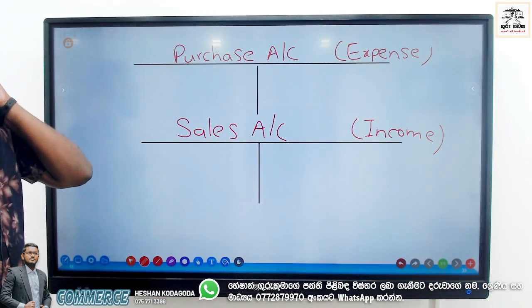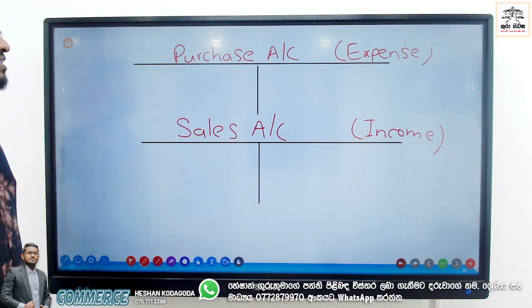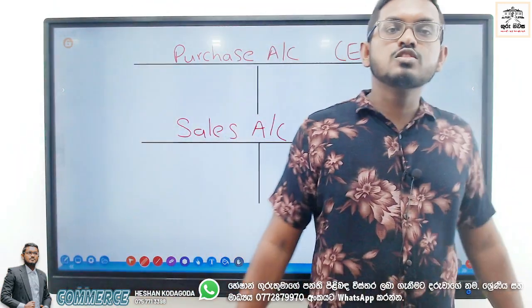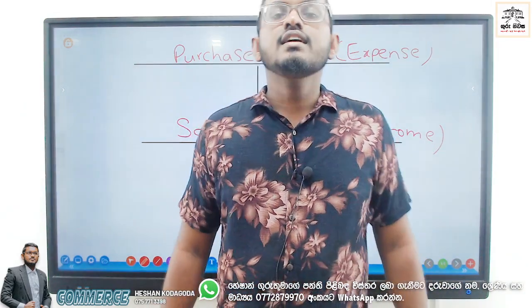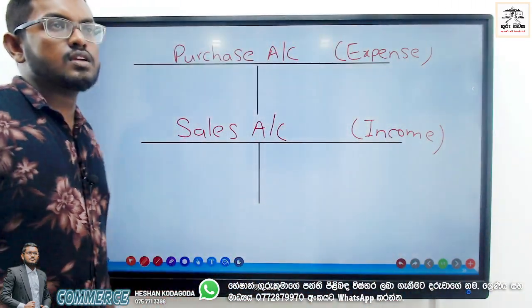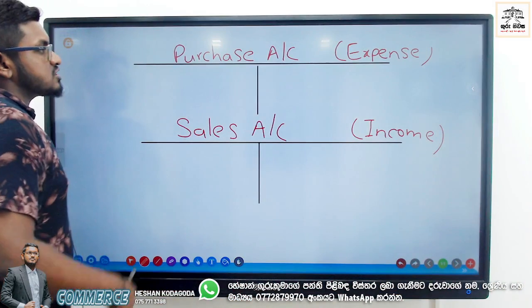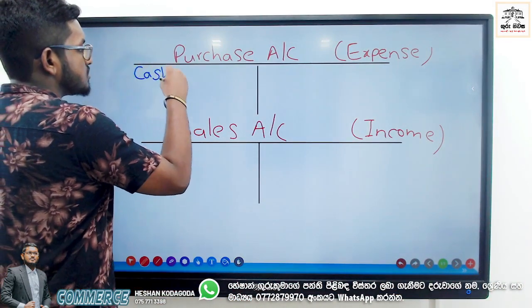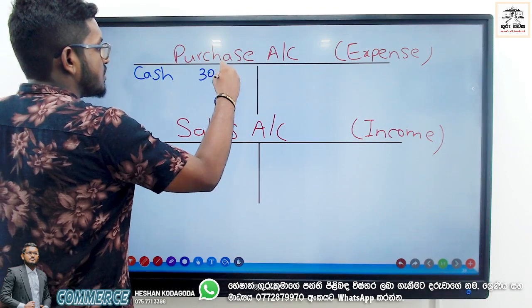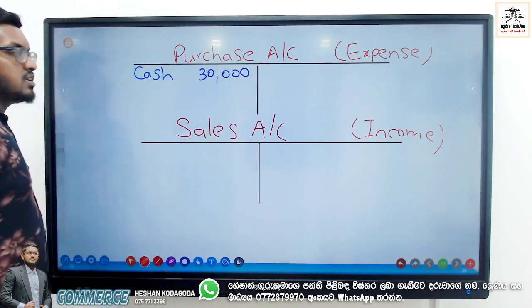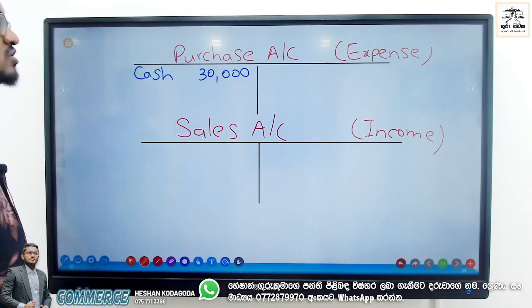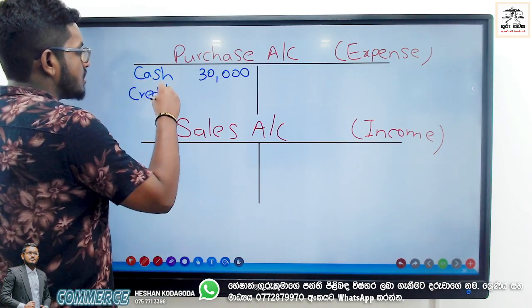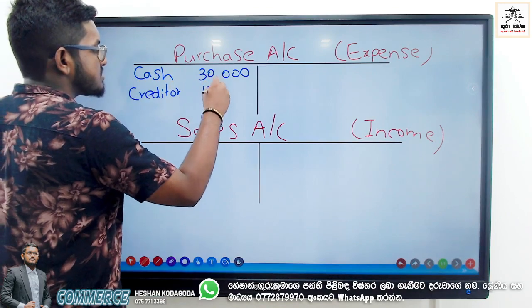Purchases means purchasing stock. It can happen using cash or credit. When we purchase stocks on a cash basis, cash book credit, purchase account debit, think 30,000. When we purchase stocks on a credit basis, creditor account credit, purchase account debit, think it's 10,000.